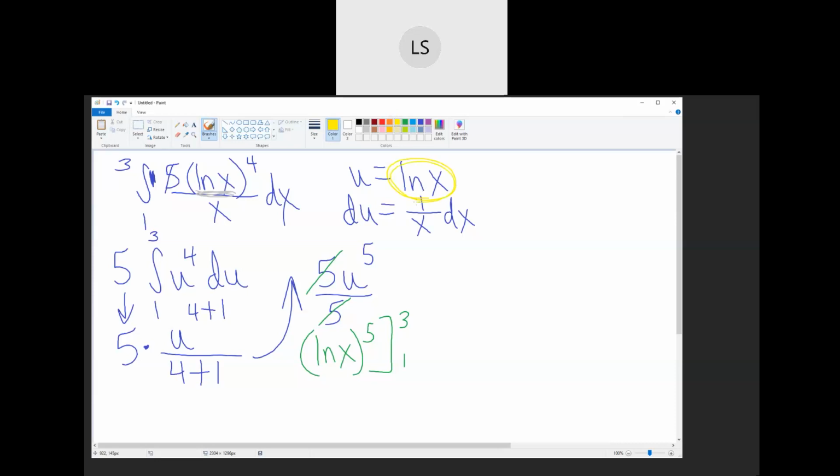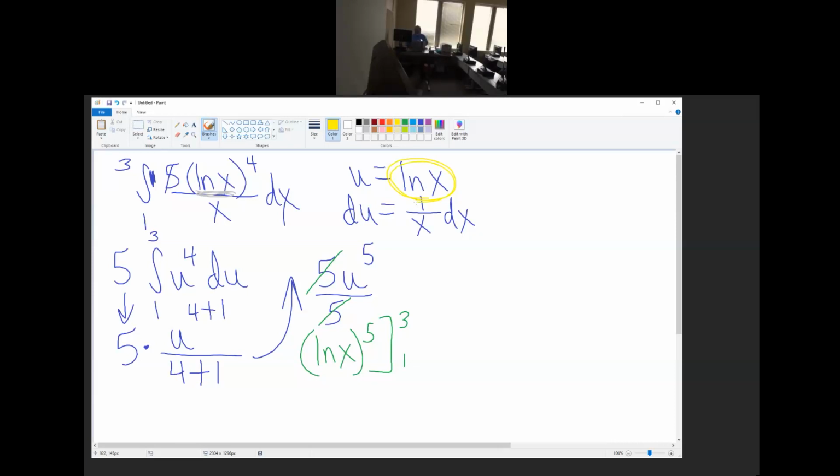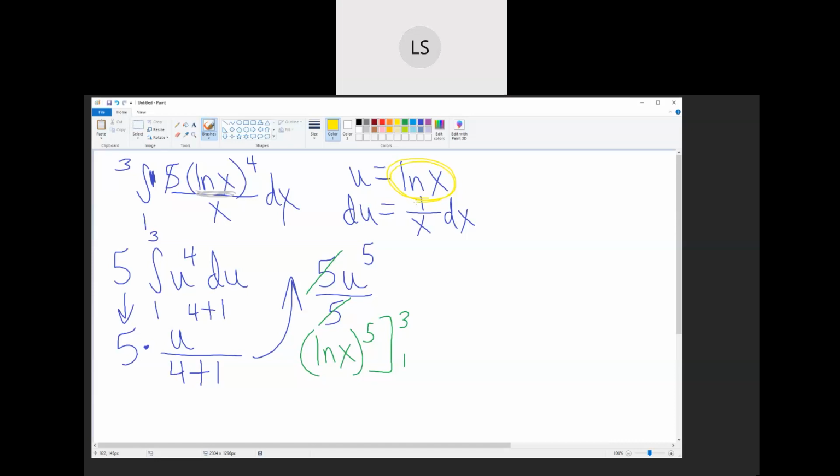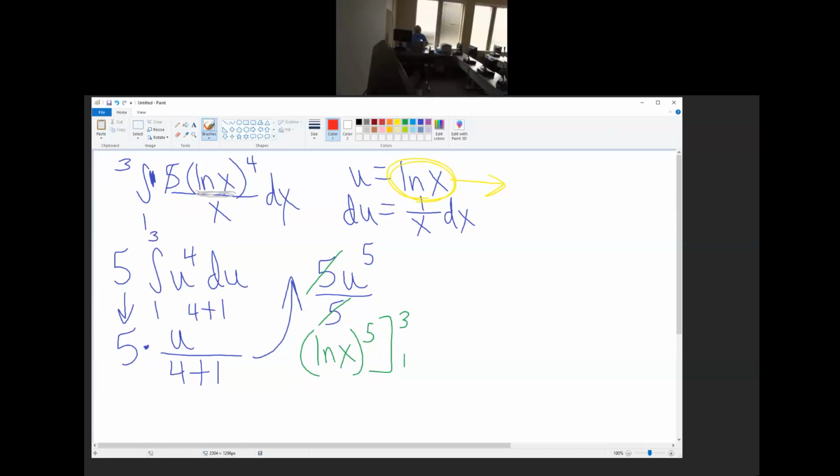Were you asking how we got the derivative of natural log of x? That also. This is a property of derivatives, so just go back and review. It's just a general derivative rule for natural log.